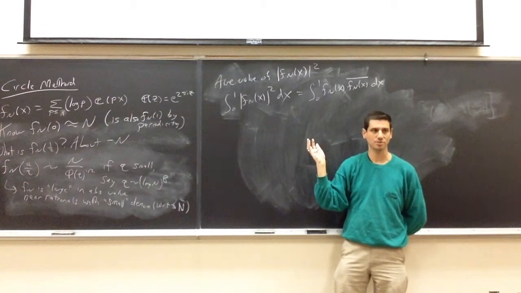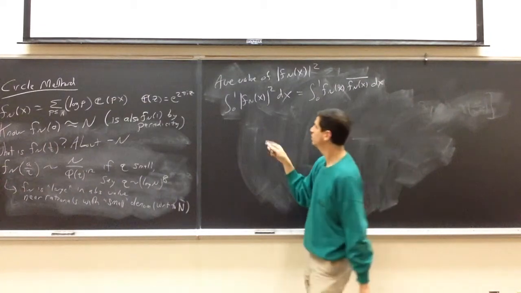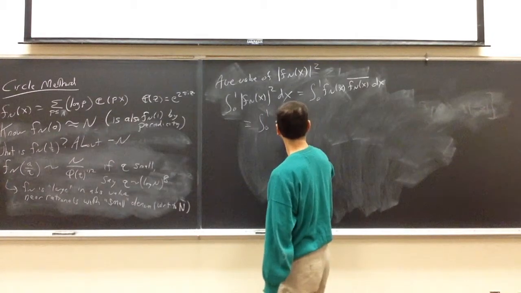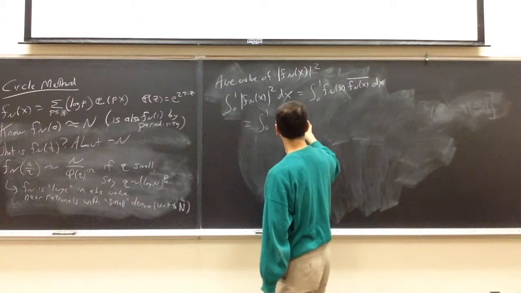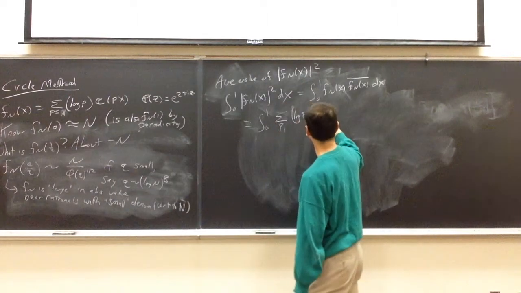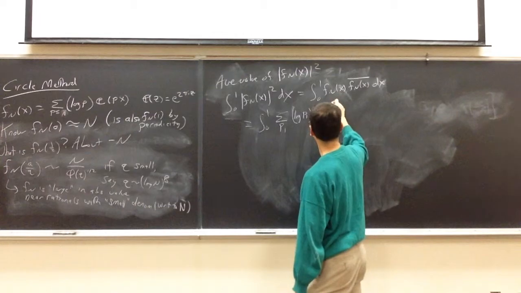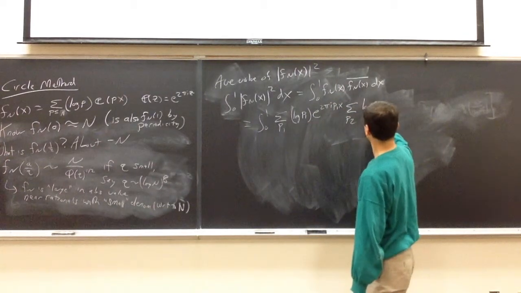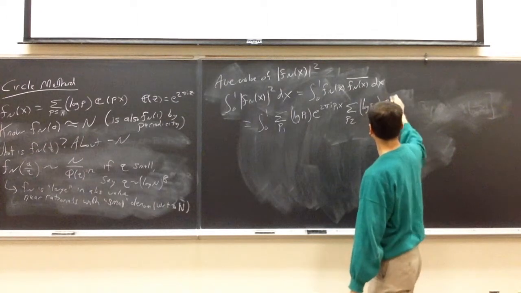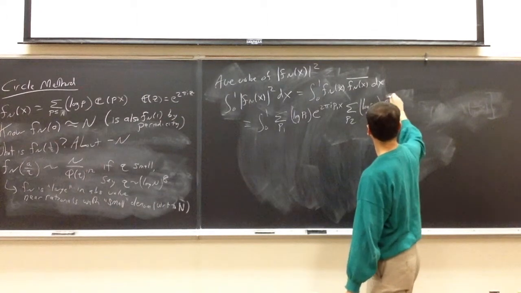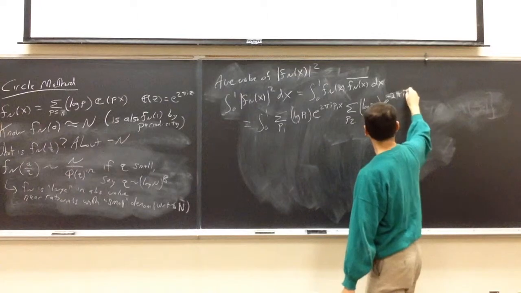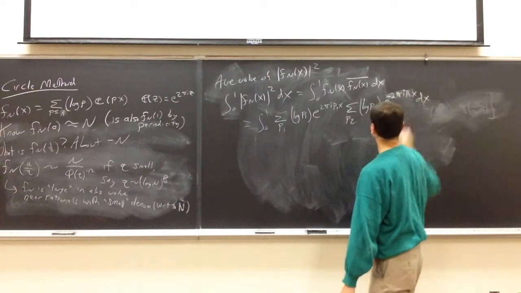I take a complex conjugate, it becomes an e to the negative 2 pi i p x. So what I get is the integral from 0 to 1 of the sum over p1 of log p1 e to the 2 pi i p1 x, then the sum over p2 of log p2 e to the negative 2 pi i p2 x dx.